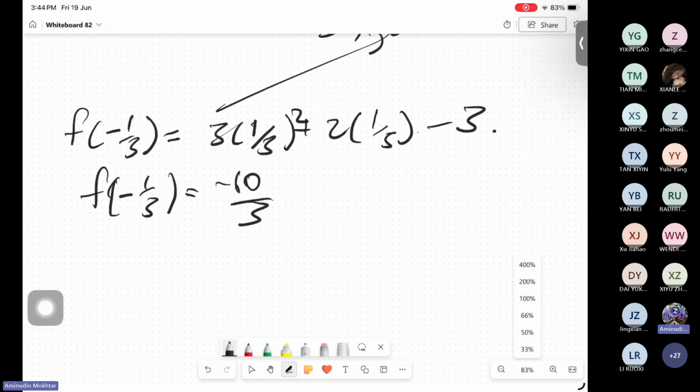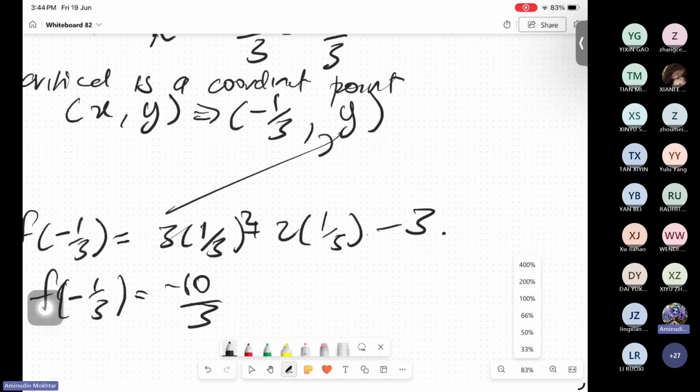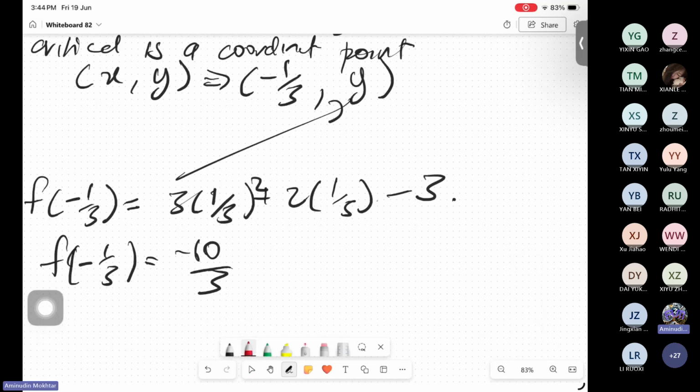So the critical point occurs at x equals negative 1 over 3 and y equals negative 10 over 3. That is the critical point.